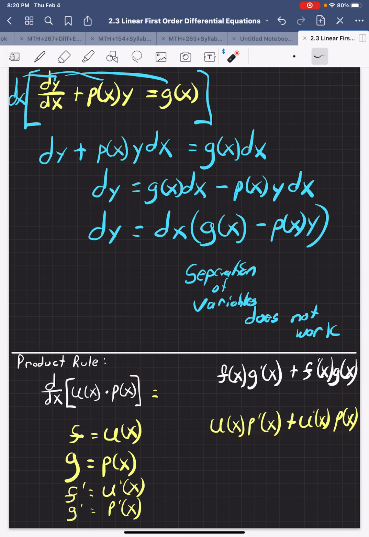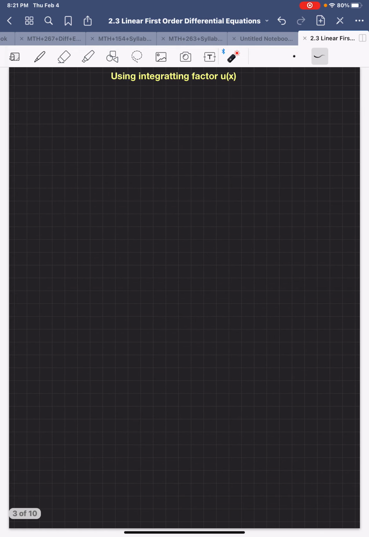Okay. So now we introduce what we call an integrating factor, u of x. Again, as of right now, we're just going to pretend that this is magic. This is mathemagic happening right now.